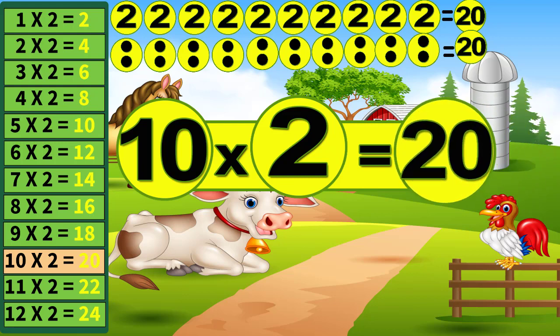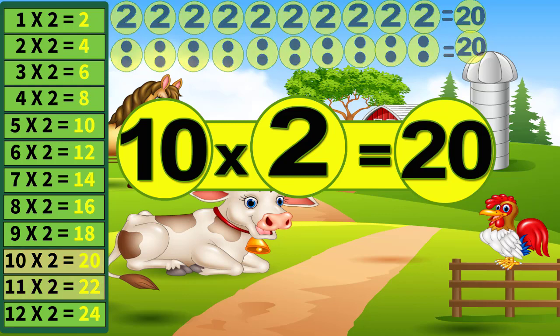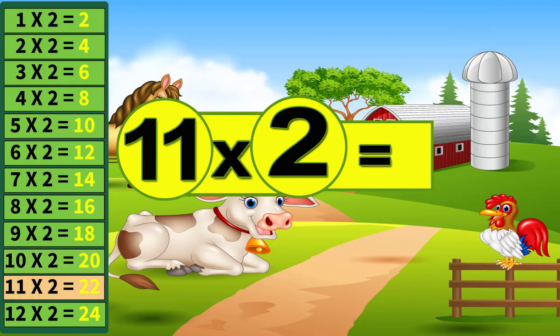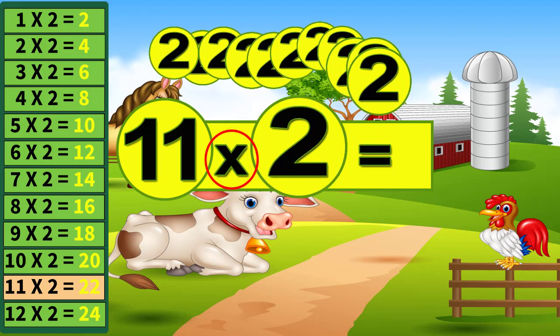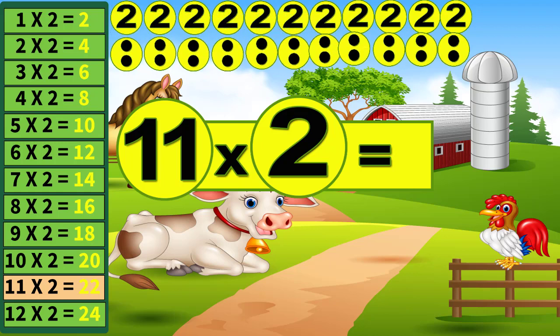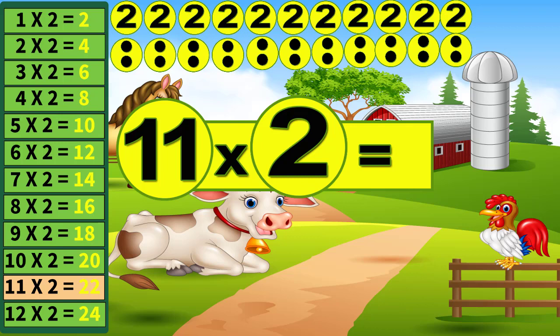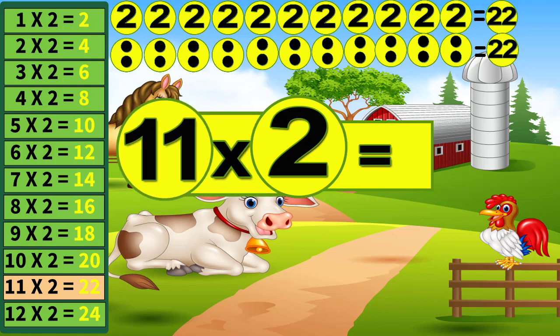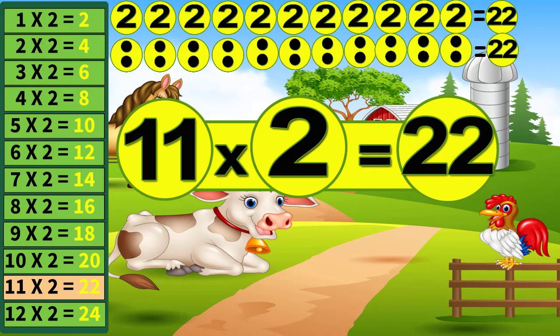Very good! You're learning fast! Next is 11 times 2. Times meaning 11 of. So, we add all the 2's together, and we have 22. So, 11 times 2 equals 22.